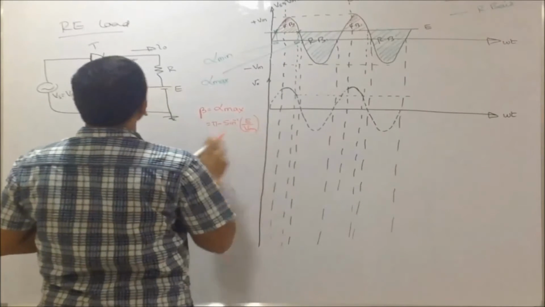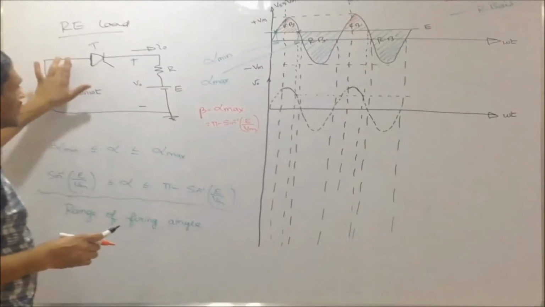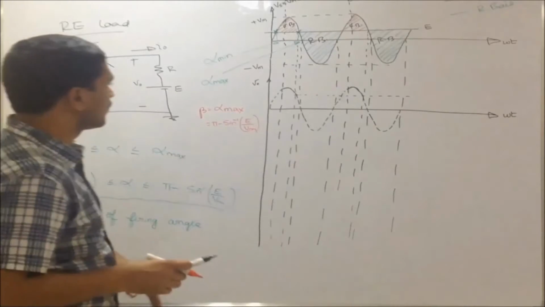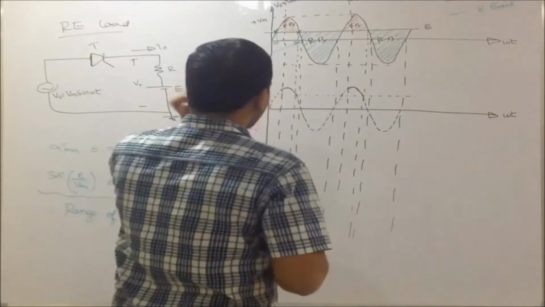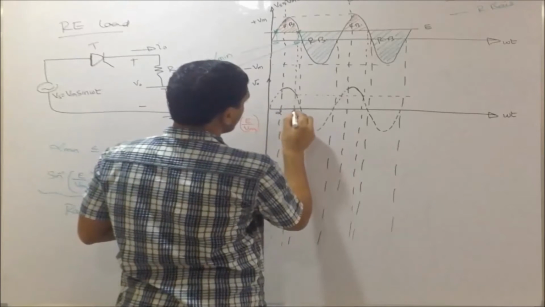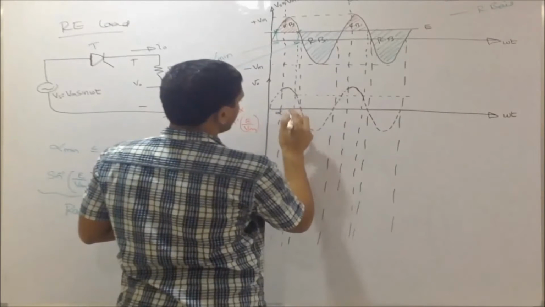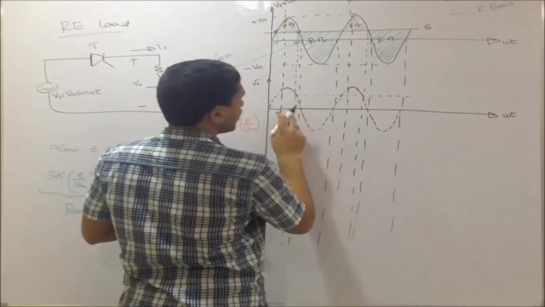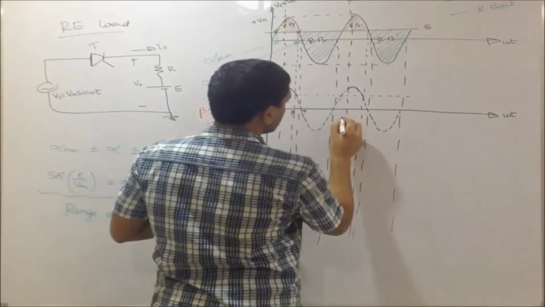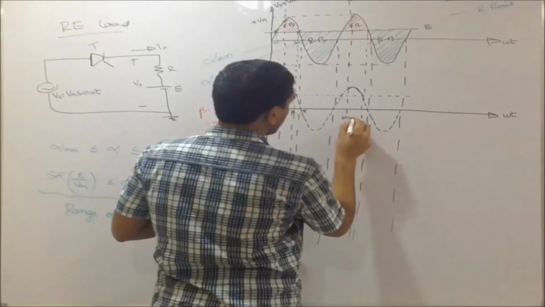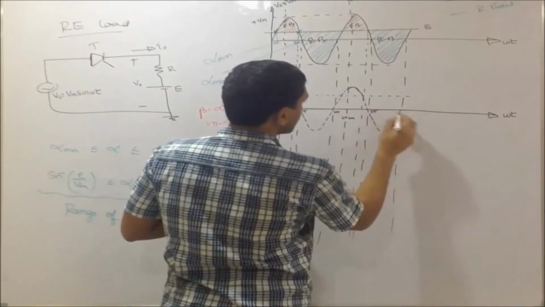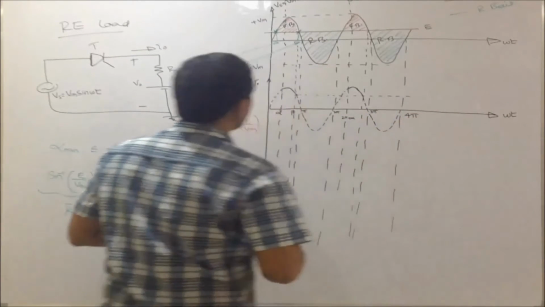Because after alpha max, my voltage at the anode is less than the cathode, so it becomes reverse biased and it is off. This is alpha, this is my beta or alpha max. This is pi, this is 2 pi, this is 2 pi plus alpha. Next, this is 3 pi, 4 pi, and so on.